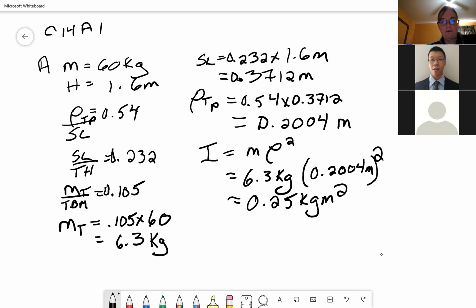Now, it makes sense that it's 54 when you think about it, because the center of gravity of the segment is pretty much halfway. Forget that. That's the radius of gyration. You don't really know what that is, so it could have been 5.4, but it isn't. It's 54.